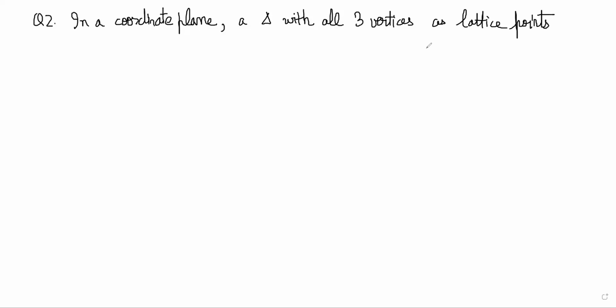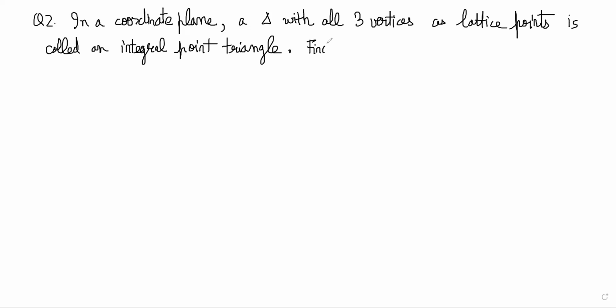Again, a lattice point is a point where the x and y coordinates are both integers. Because all of its vertices are integral, it's called an integral point triangle.